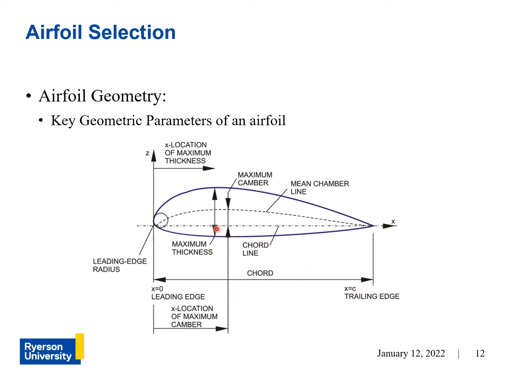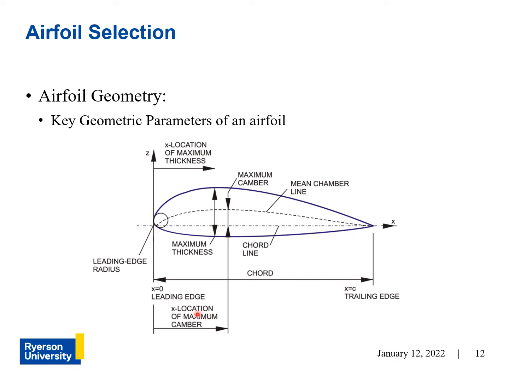What that means is that you just take the actual distance here and then divide it by the value of the chord. The reason you do that is because the distances and your measurements of your airfoil will vary along your wing. So it's more useful to know the proportions of your airfoil, because those will remain constant along the span of your wing if you use the same airfoil along the span.